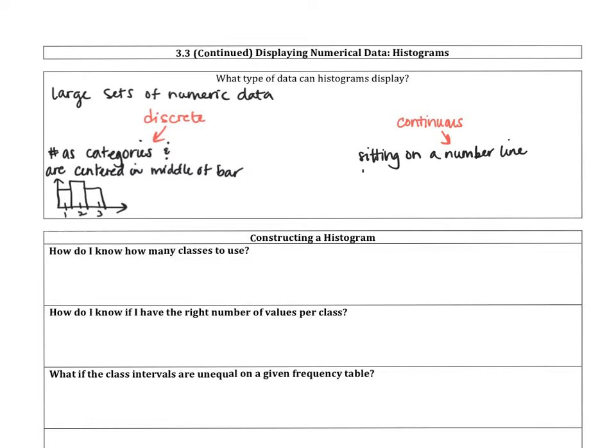We have class boundaries that need to be well defined by intervals. That way we know where every single number falls. No number is going to fall, quote unquote, on the line.